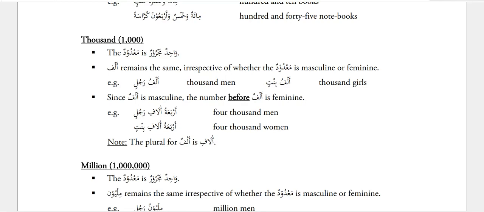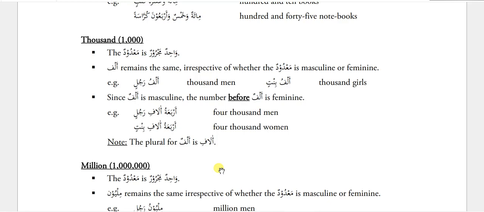But when you want to say 3000, here again we have to follow the same rule. And what was the rule? Salasu alafin or arba'u alafin. But here there is a difference. If the madud is muzakkar, the first number will be opposite to its madud.